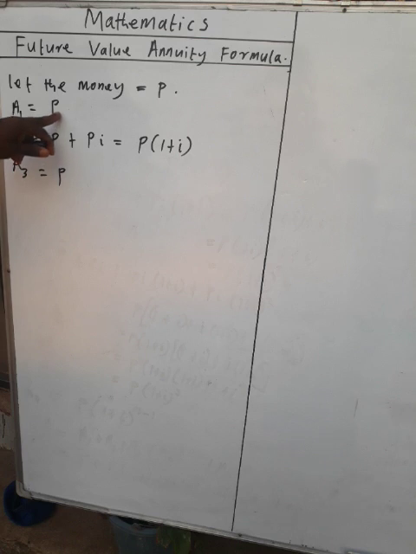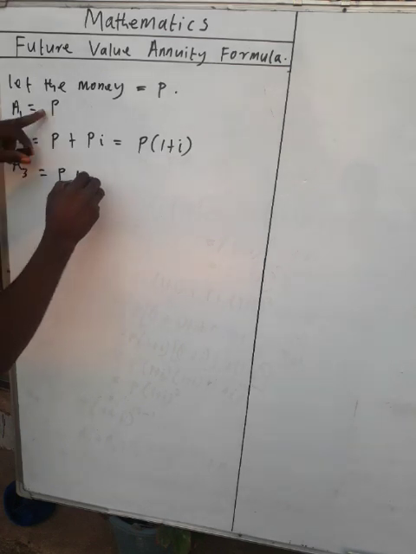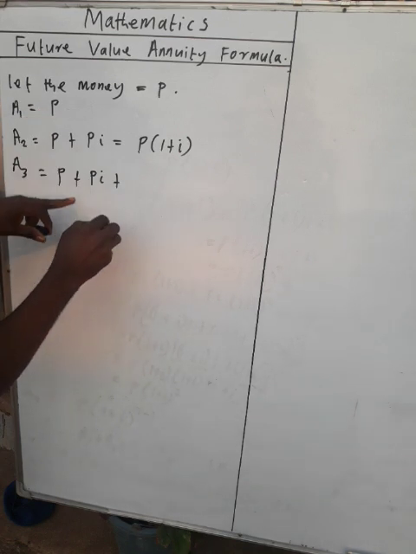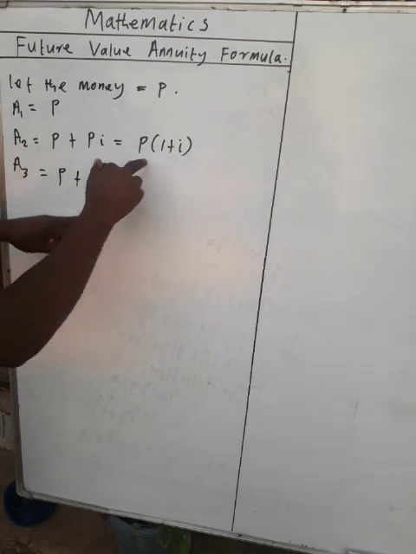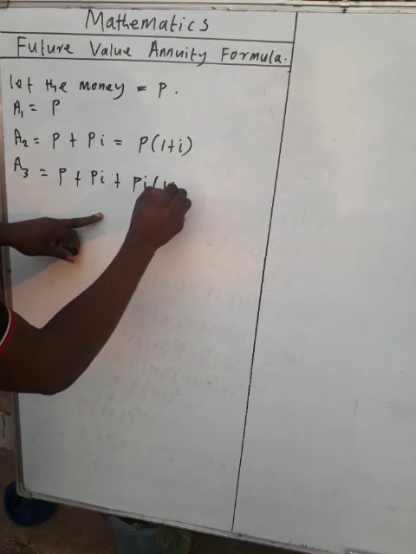This compound interest is what makes these amounts grow. So the amount you're going to have in the third month is P plus interest on the first month, which is PI, plus interest on the second month, which is PI bracket 1 plus I.